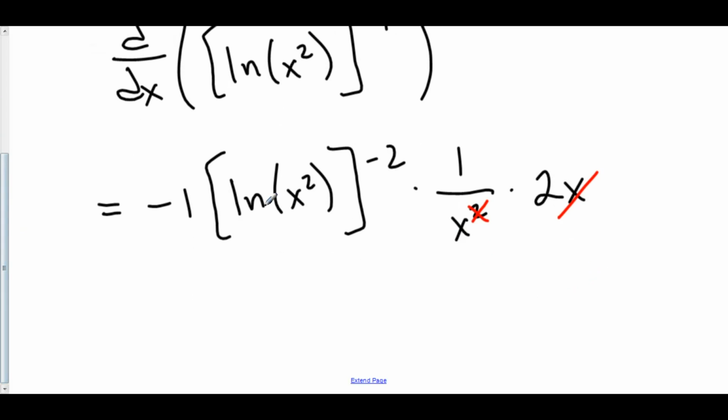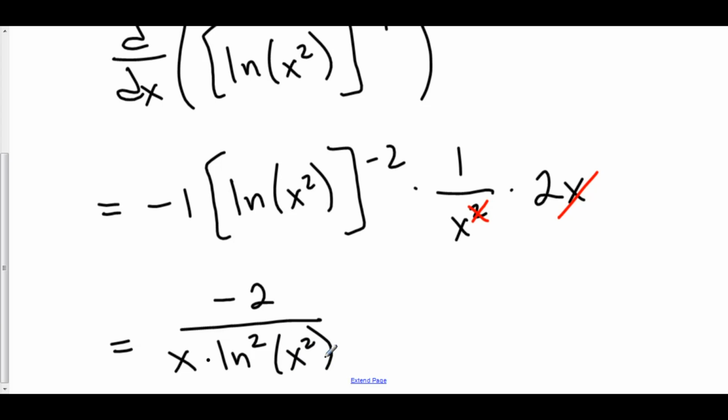We send our natural log of x squared quantity squared down to the denominator with the x. And here we have negative 1 times 2 on top, that's negative 2, over x times the natural log squared of x squared. And this right here is the derivative.